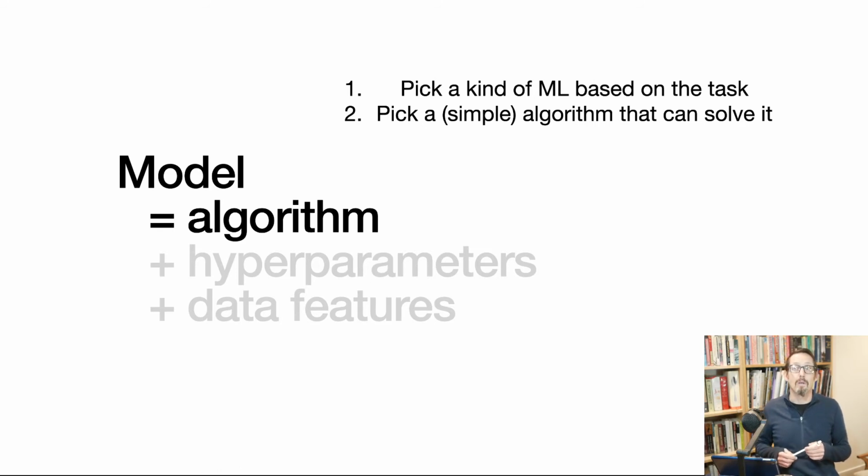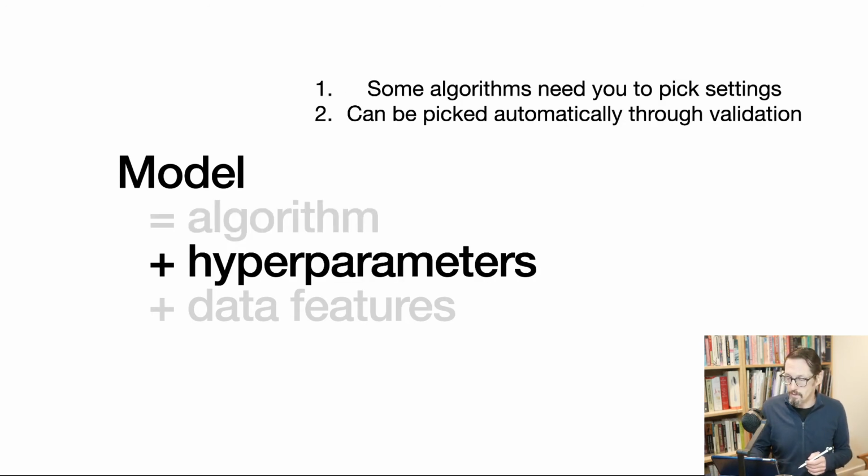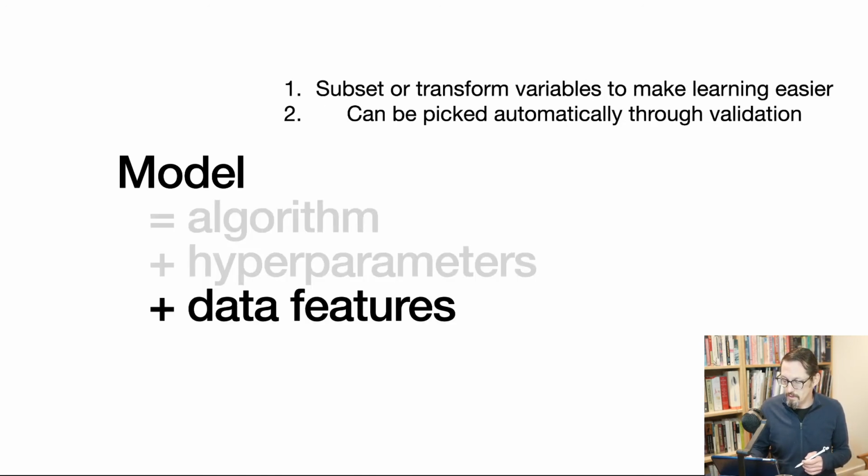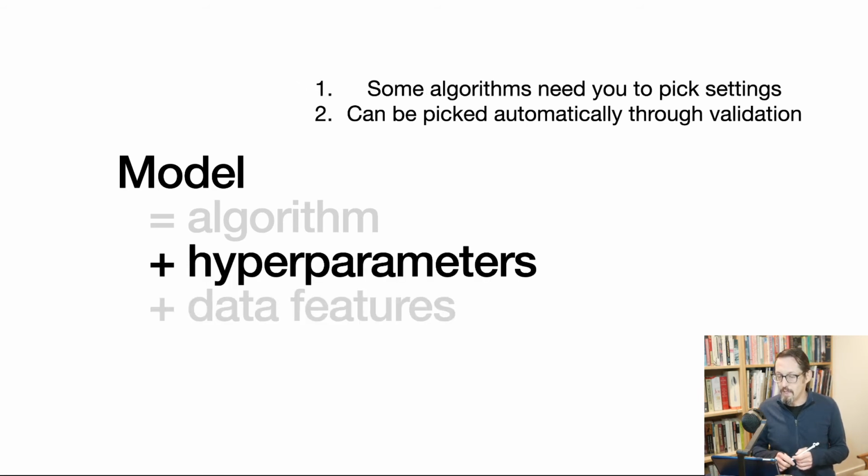But we're going to pick a simple-ish algorithm and we're going to try to solve it, okay? But that algorithm could have hyperparameters to it. It could have hyperparameters, settings that we dial back and forth, all right?